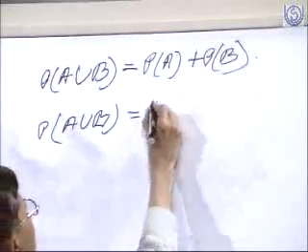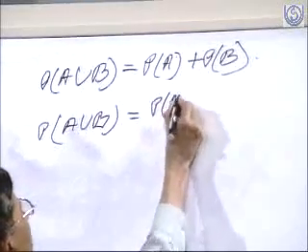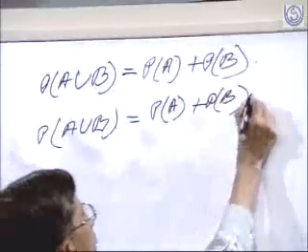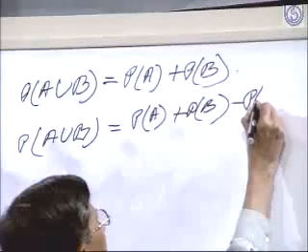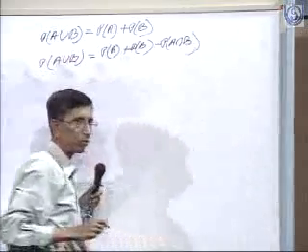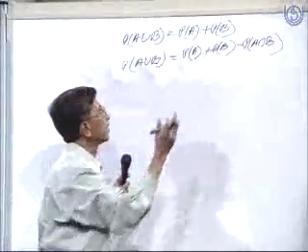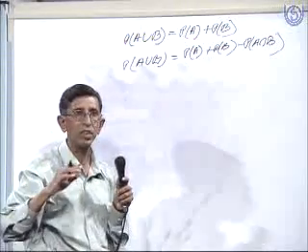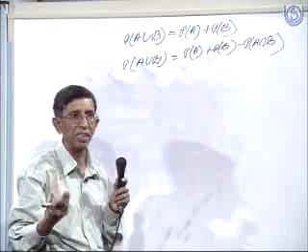It will be the probability of A plus the probability of B minus the probability of A intersection B. Now what does this event mean? This is the event of both A and B.